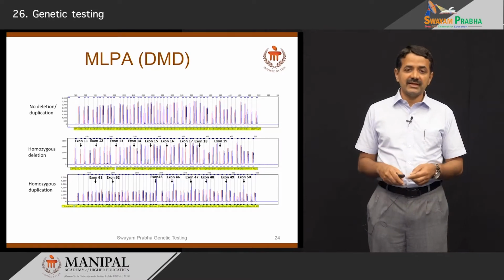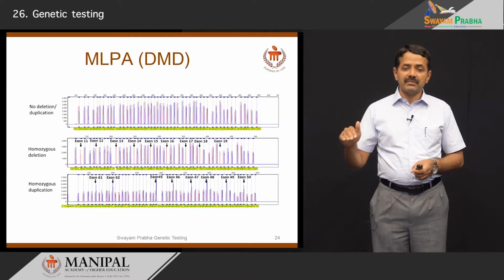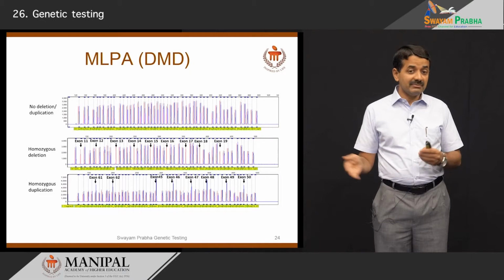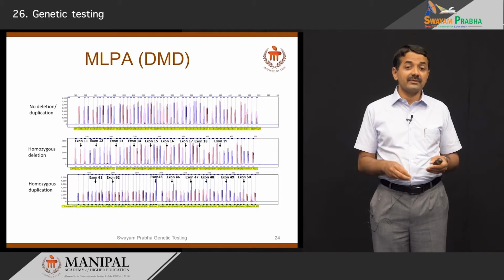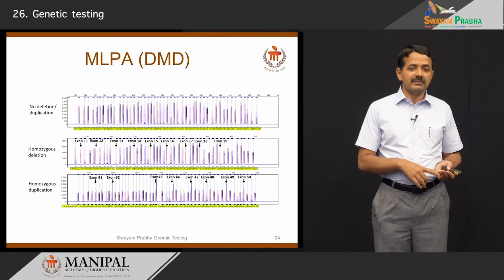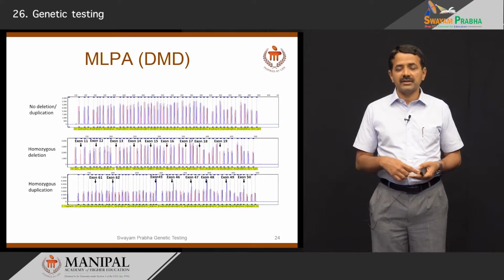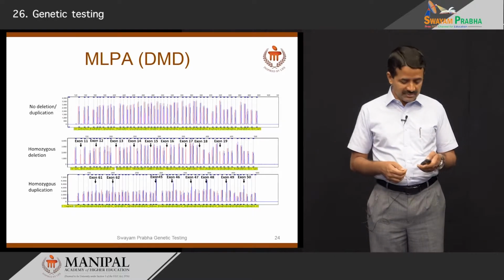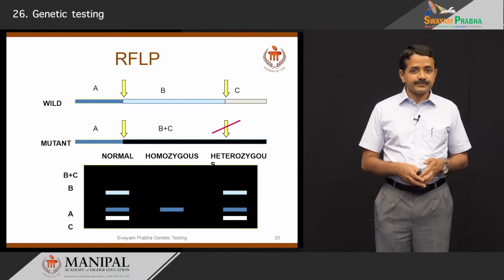This is a specialized technique where we can see deletions as well as duplications across the DMD gene, but remember Duchenne muscular dystrophy can also be caused by point mutations, which are not detected either by multiplex PCR or by multiplex ligation dependent probe amplification. It requires sequencing of the entire DMD gene.